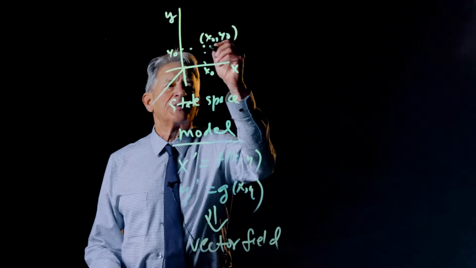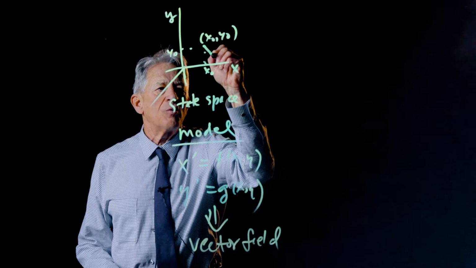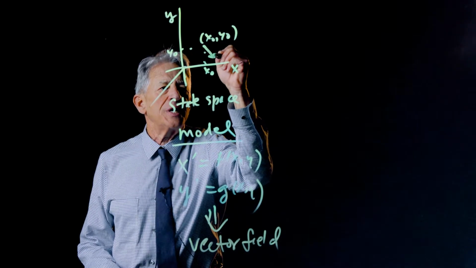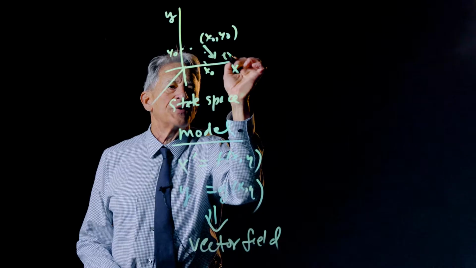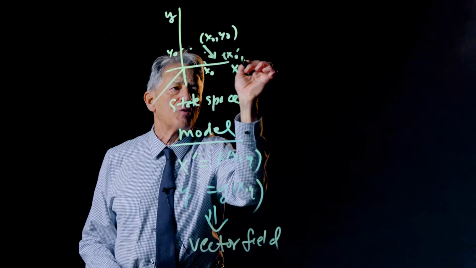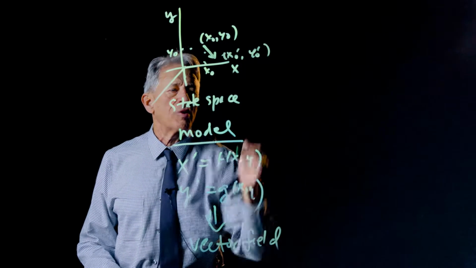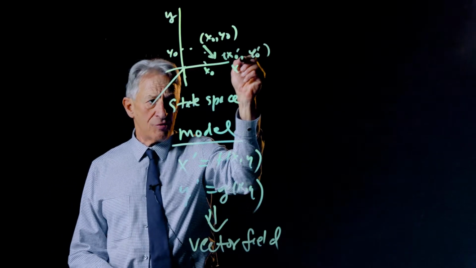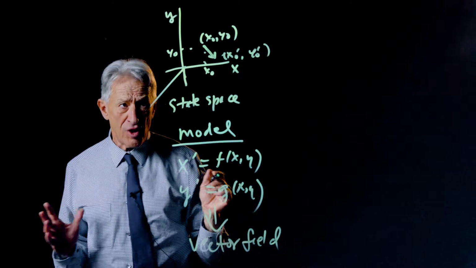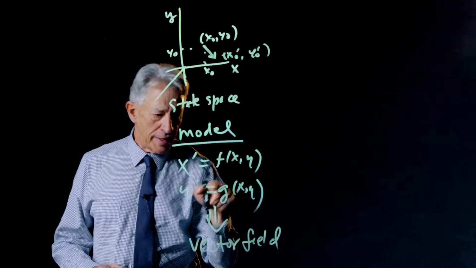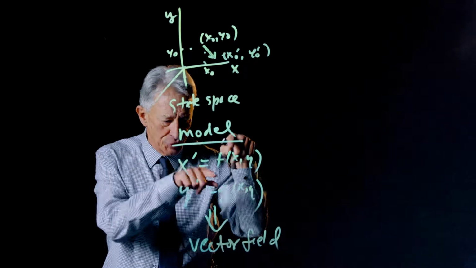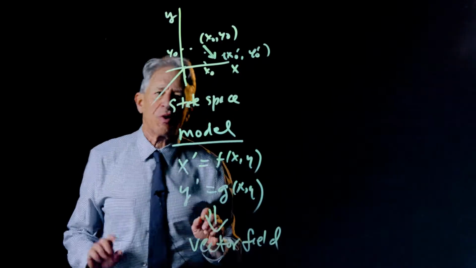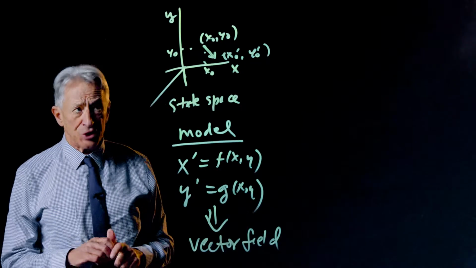And the vector field gives us, at any point x0, y0, the change arrow, which is the change vector x0 prime, y0 prime. And where do we get x0 prime, y0 prime from? Plugging in x0, y0 into f and g and getting x prime and y prime. And that's our change vector.